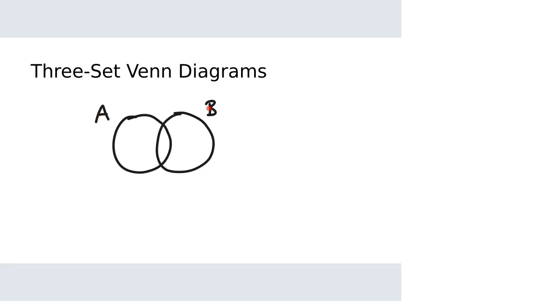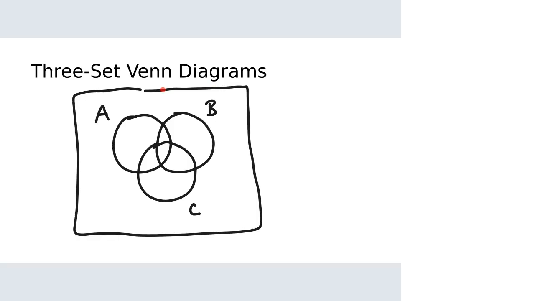3 set Venn diagrams. Now we can have 3 different sets that all overlap with each other and also don't. The way we're going to draw a standard 3 set Venn diagram is we're going to have set A and set B, just like we've had before. And now we need to draw a 3rd set, and we're going to put it down here at the bottom. There's set C, and then our universal set goes around the outside.